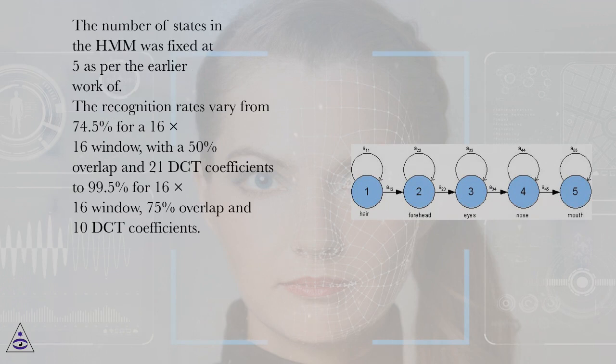The number of states in the HMM was fixed at 5 as per the earlier work. The recognition rates vary from 74.5% for a 16x16 window, with a 50% overlap and 21 DCT coefficients, to 99.5% for 16x16 window, 75% overlap and 10 DCT coefficients.